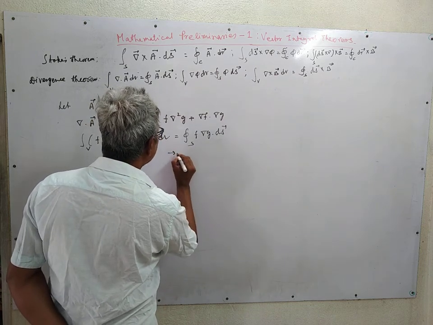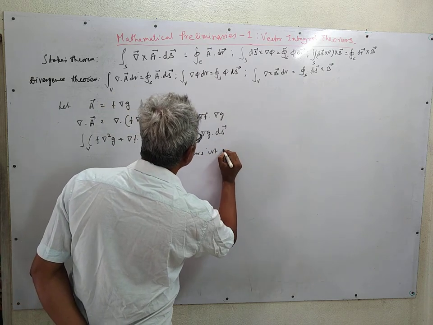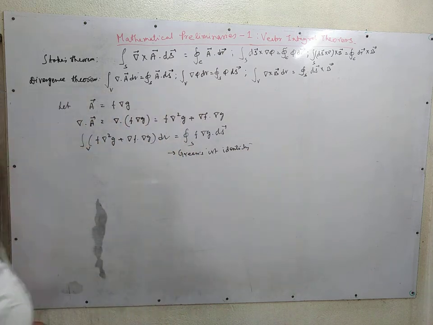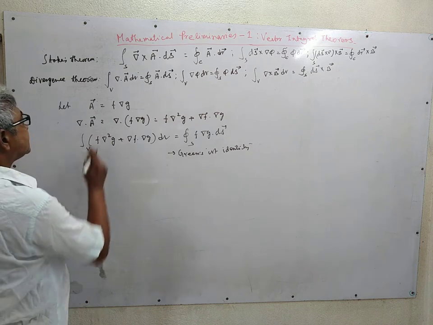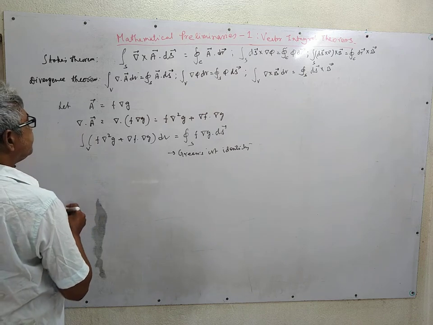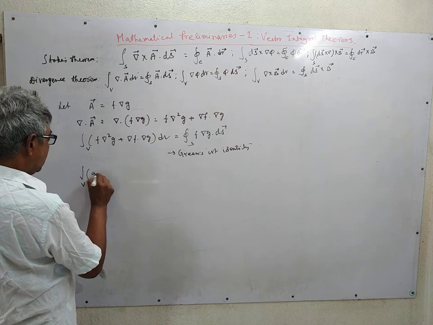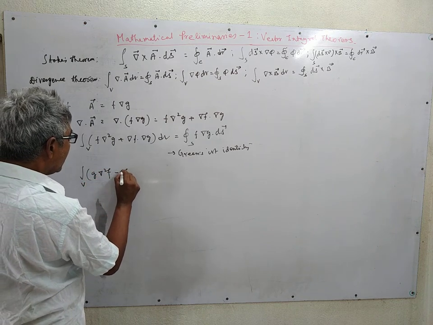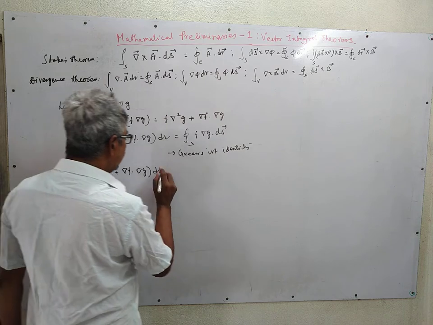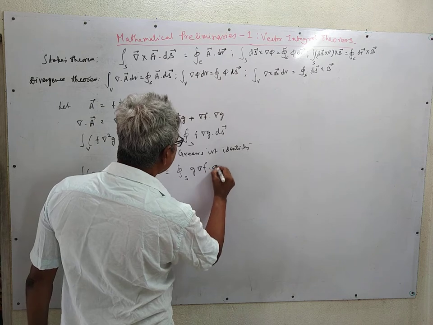This is known as Green's first identity. If we write A as this, we get this, and if we write A as g times grad f, we get integration over V g times nabla square f dv. On the other hand, we have g grad f dot ds.